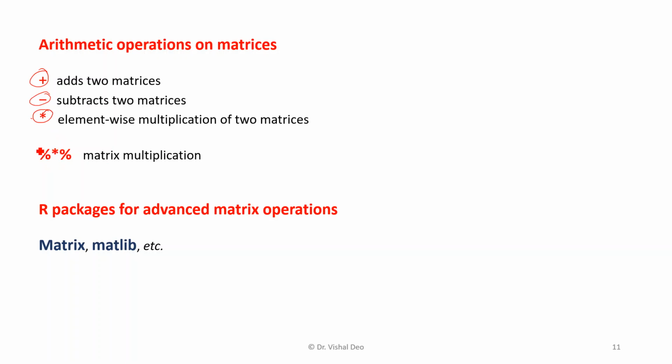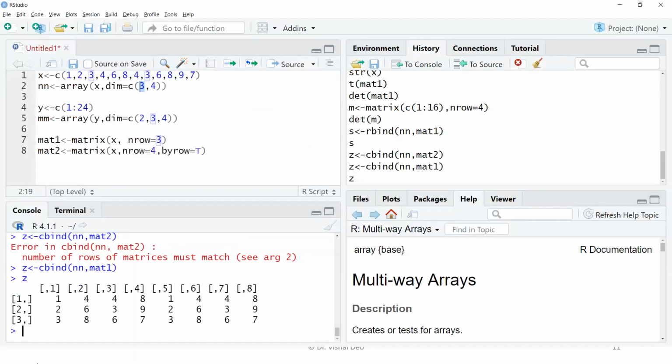So if you want to multiply two matrices, then we have to use this operator, percentage star percentage. So we'll see the difference here. Suppose I am writing matrix 1 multiplied by matrix 1.